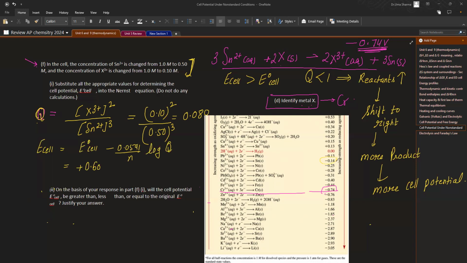This was the cathode and this is the anode. Cathode minus anode. So the answer is this. Minus 0.0591. What is n, children? How much is n? That you have to plug in. Yes, it is 6. Very good. 6 electrons. You can see that it's a transfer of 6 electrons. And you remember we calculated Q, this one.